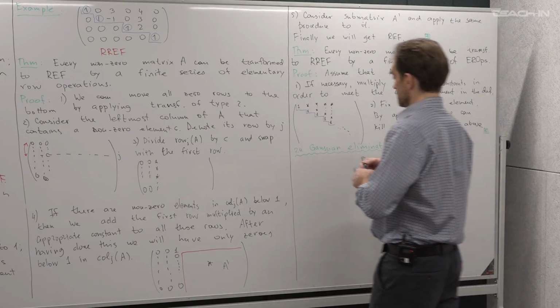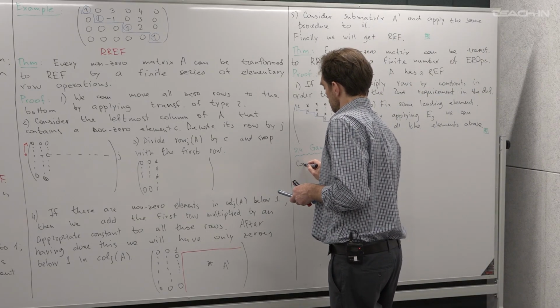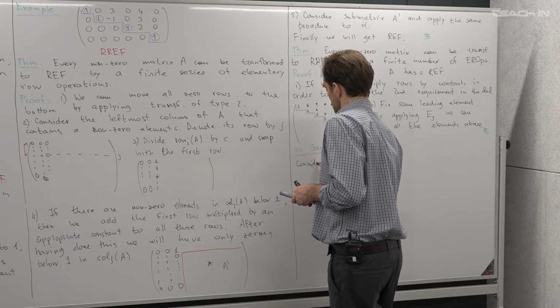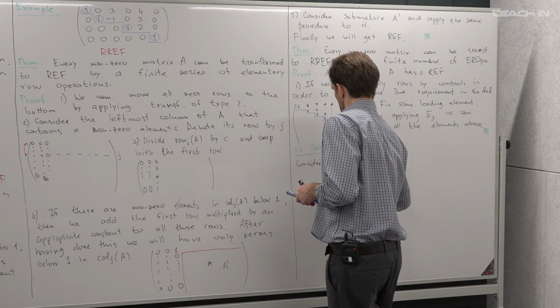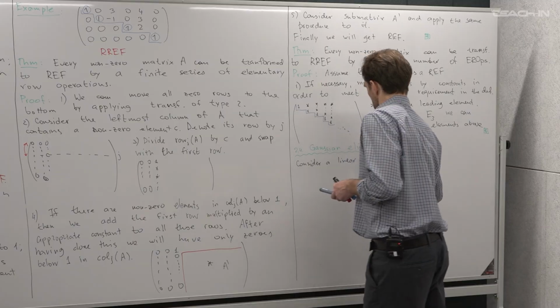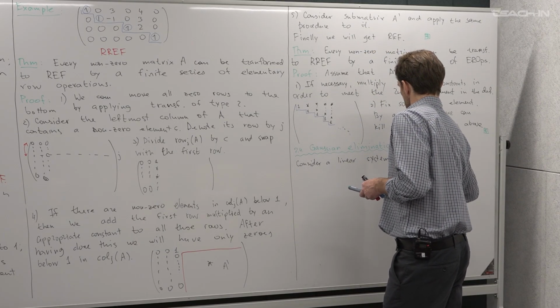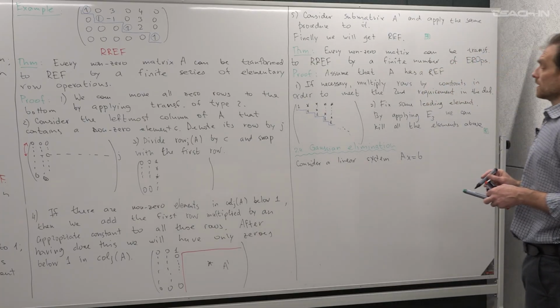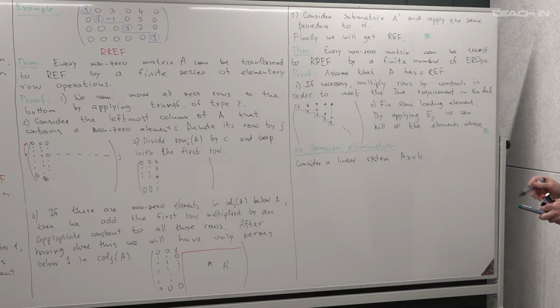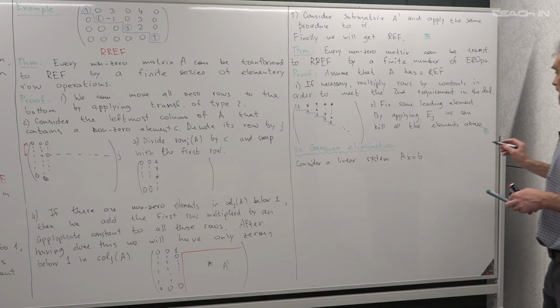So consider a linear system A times x equals b. Here I use the matrix notation.